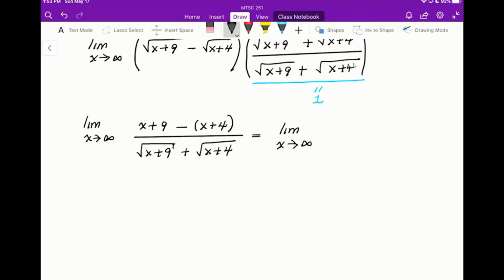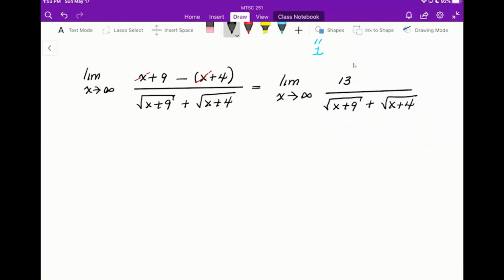So now x and negative x are going to add to 0. And 9 plus 4 is going to be 13, all over the square root of x plus 9 plus the square root of x plus 4.